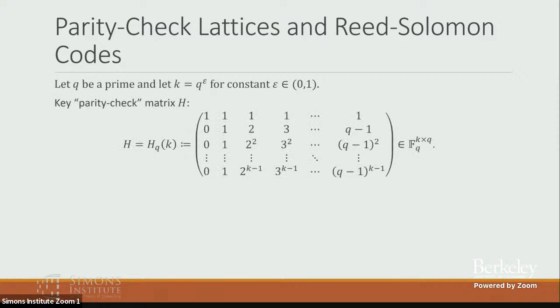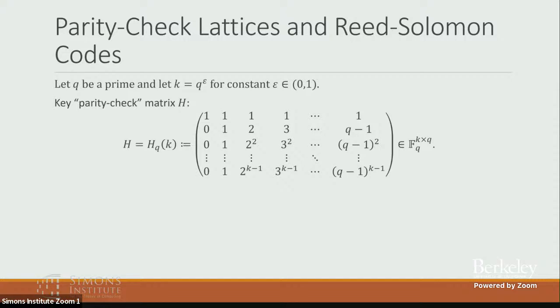Then I'm going to define the following matrix, this Vandermonde matrix. I just have 0th powers of the numbers from 0 to Q minus 1, mod Q, in the first row, first powers in the second row, and so on.